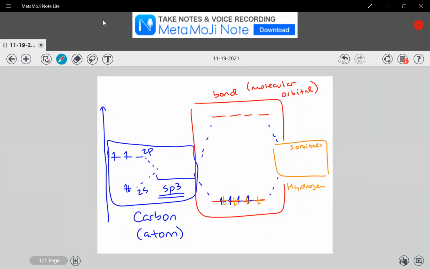Think about it that way. And basically what this forms is a bonding and an antibonding orbital. Is that what they're called? Let me check. Yes. A bonding and an antibonding orbital.